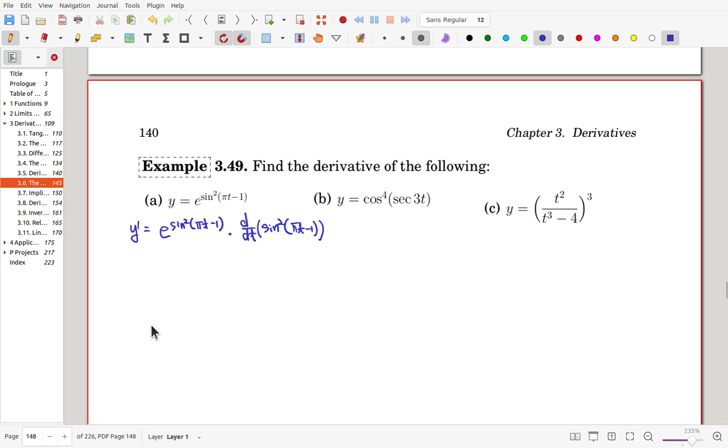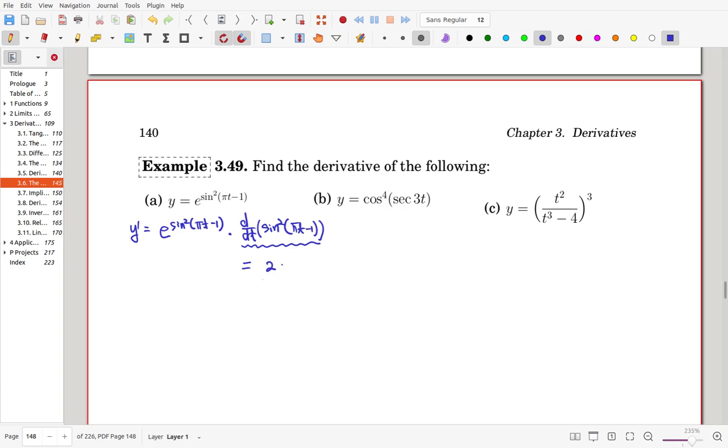Again, for that portion, this is the t derivative. Now we are considering sine of pi t minus 1. We consider sine of pi t minus 1 as a variable. Then that is a variable squared. So this term is the same as 2 times the variable.